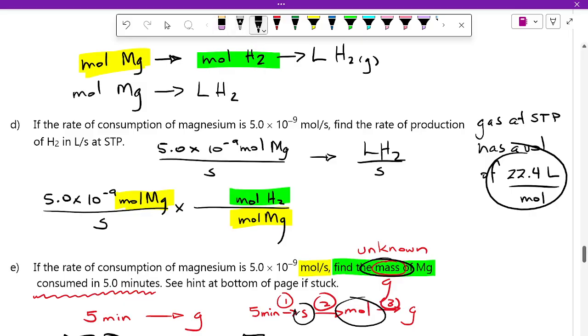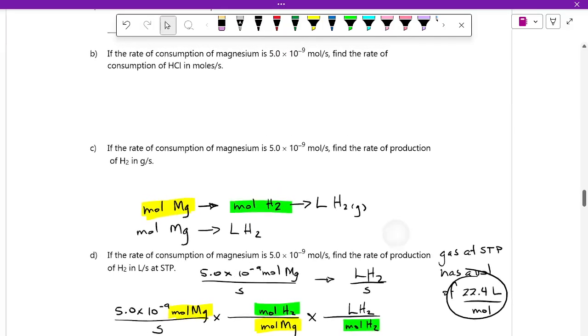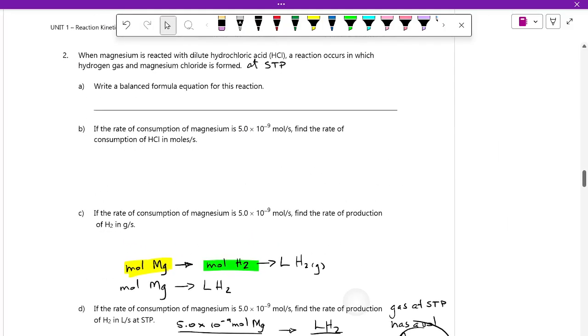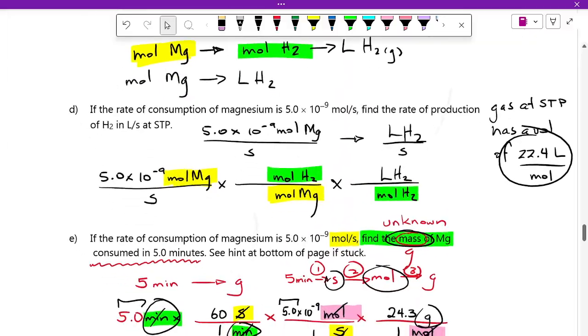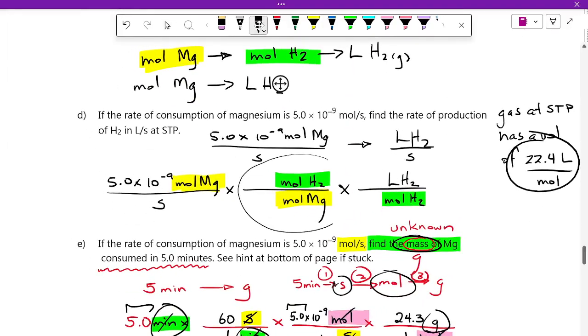Once we've gotten to moles of hydrogen, we need to convert that into liters of hydrogen. So we need to cancel moles of hydrogen and find liters of hydrogen. So you would need a balanced reaction for this in order to have the coefficients for your mole ratio.